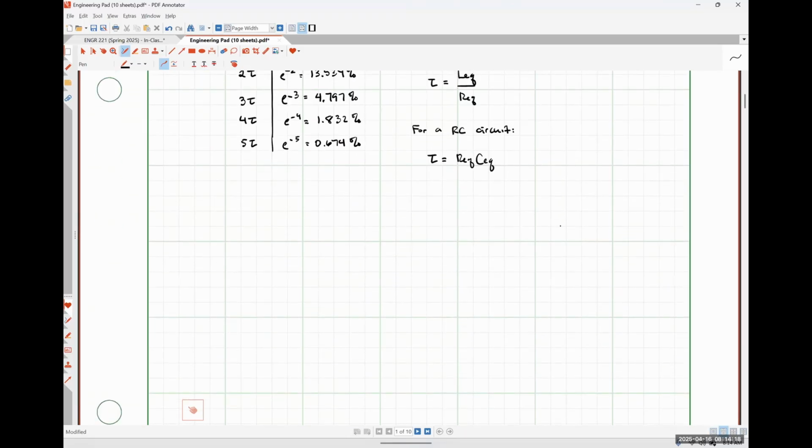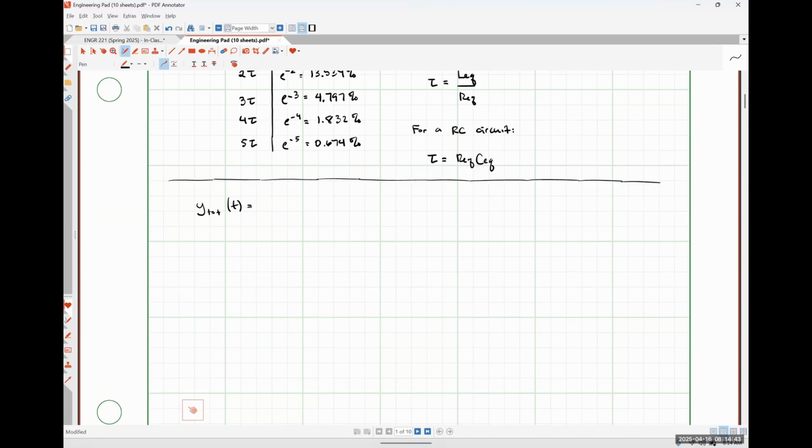So now we're going to talk about our forced and total response, okay? So I'm going to define the total response of a circuit as this generic quantity Y total.